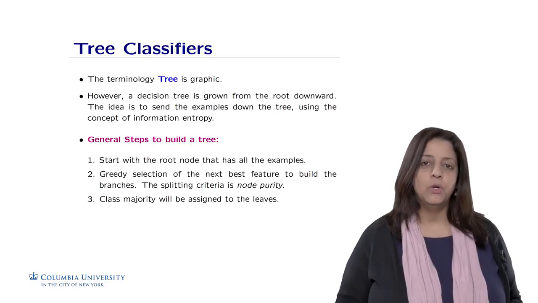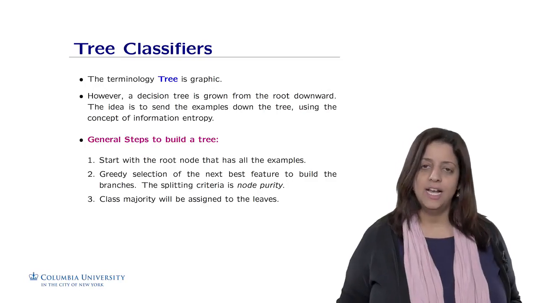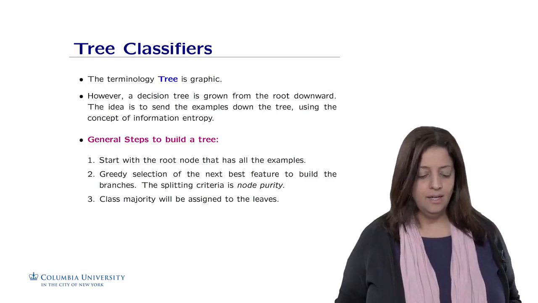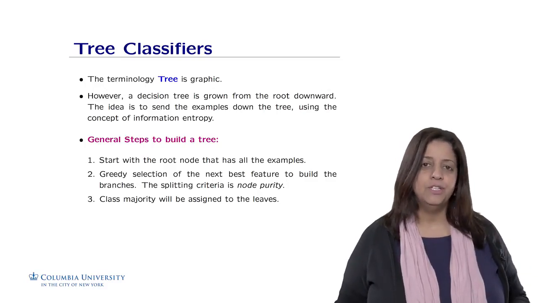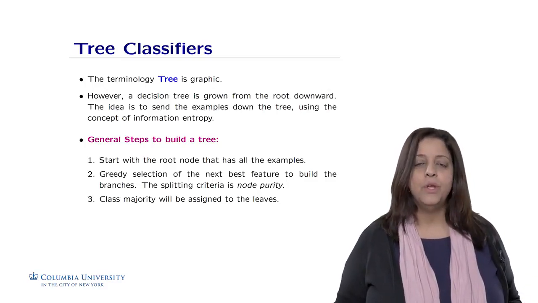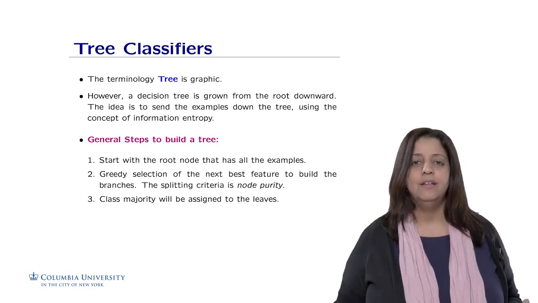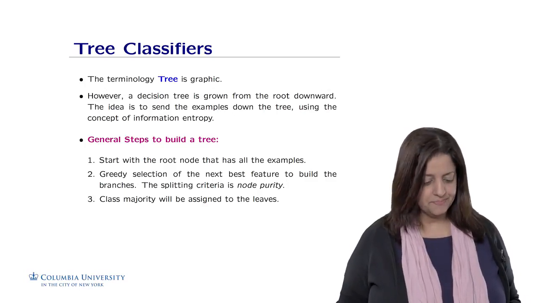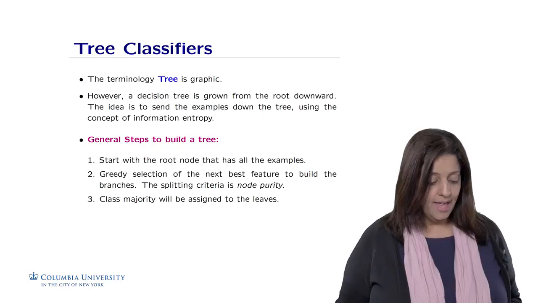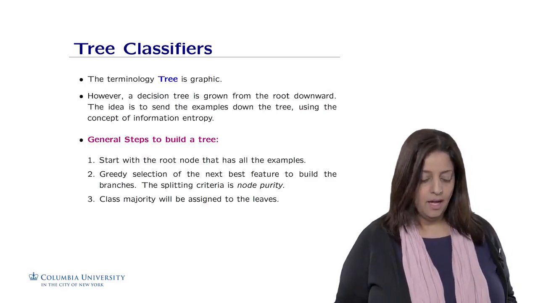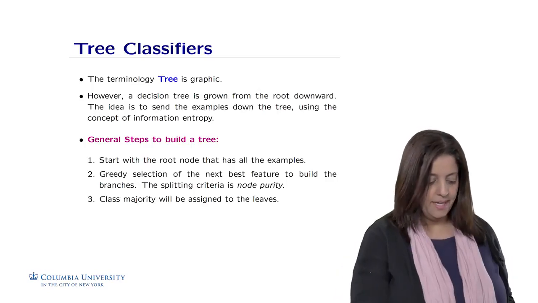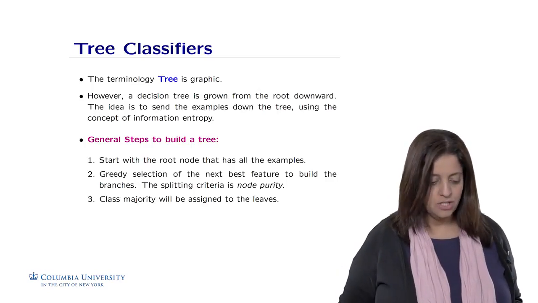So I'm going to go through the features one by one and select which ones split the data in the best possible way, which means that by picking this feature, I'm going to achieve node purity, meaning nodes that are either from one class or the other. That's step 2. And finally, in step 3, we're going to assign the majority class to the leaves of the tree. Okay, so these are the general steps.